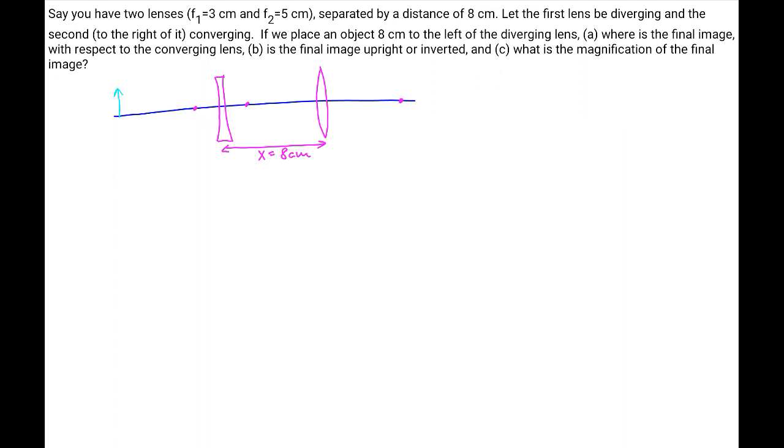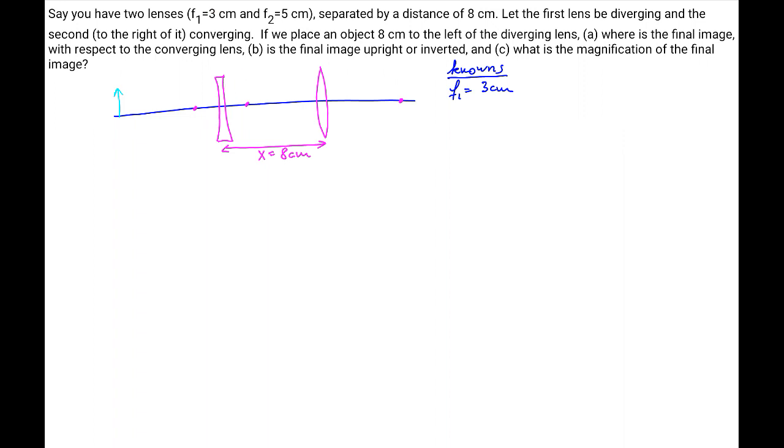I'm going to also write down our knowns. So I'll put them right here. We have focal length 1 is 3 centimeters. Let's stop and think. We're given a positive value for focal length 1, but we know that the first lens is actually a diverging lens.